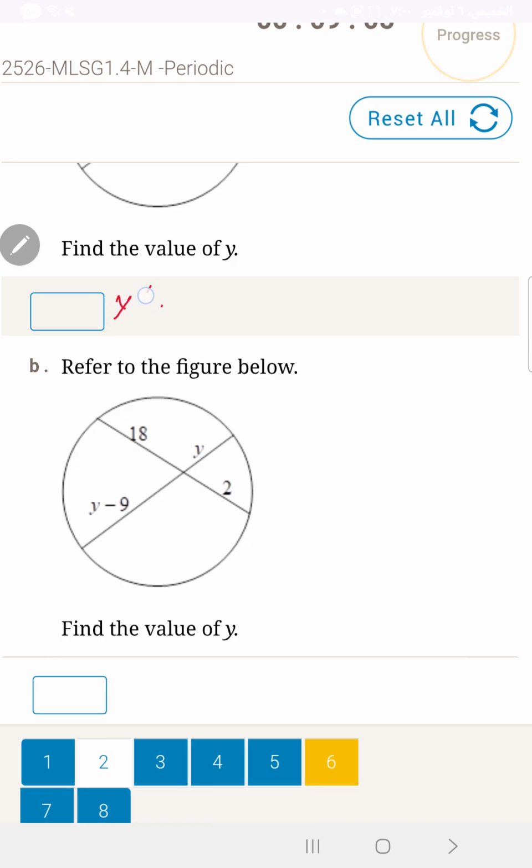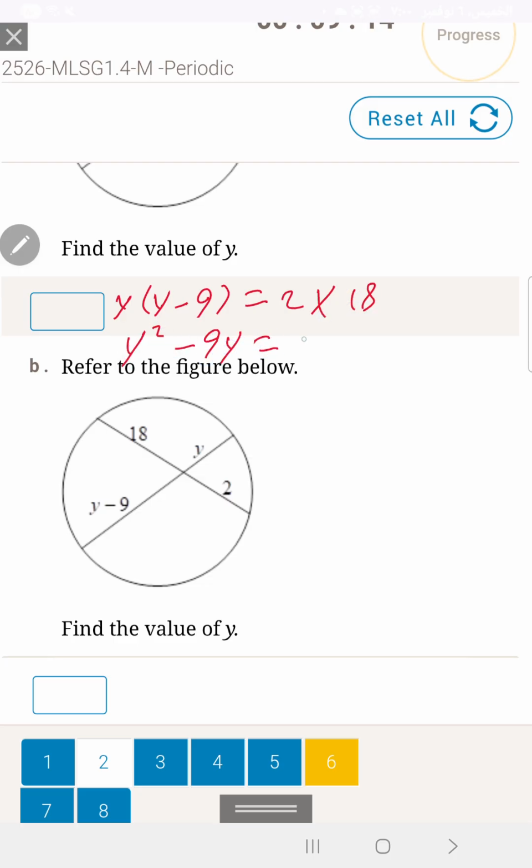Now y multiplied by y minus 9 is equal to 2 times 18. Y squared minus 9y is equal to 36. This is a quadratic equation. Y squared minus 9y minus 36 is equal to 0.